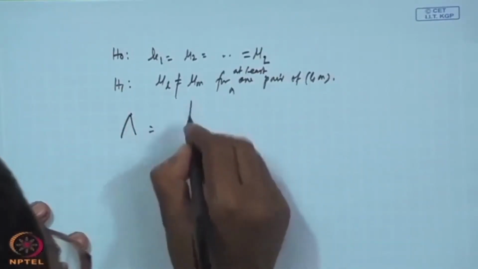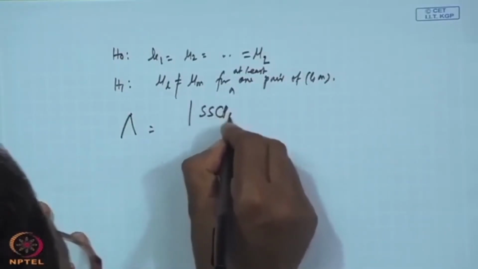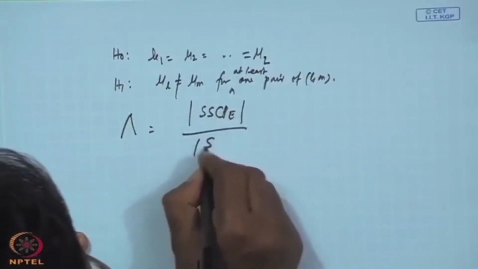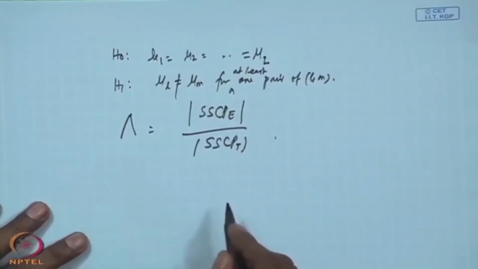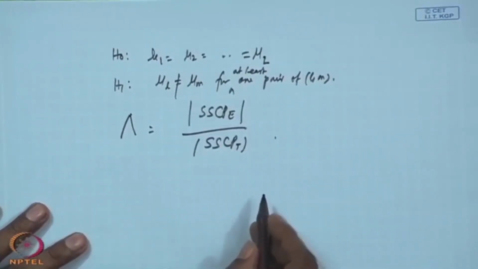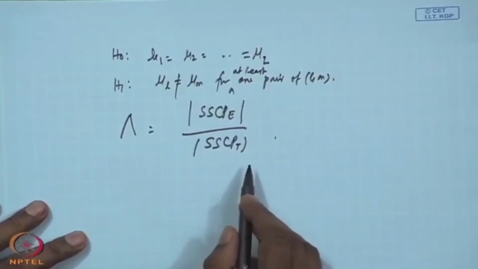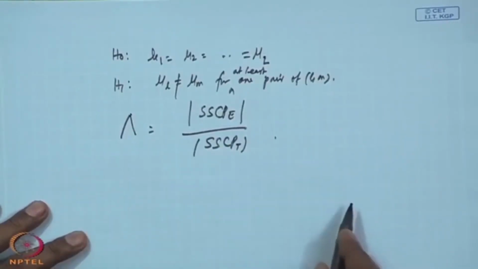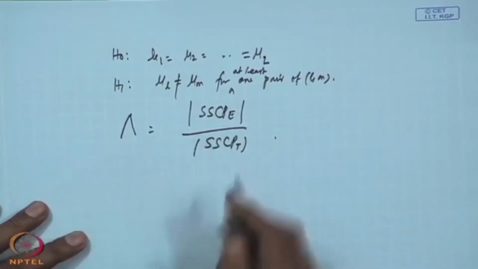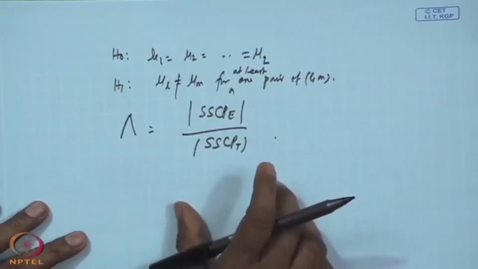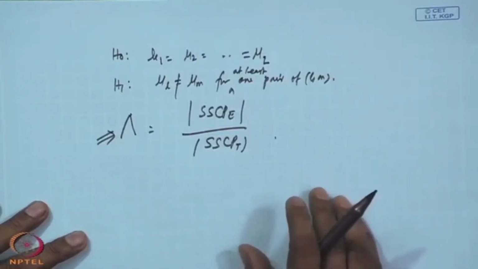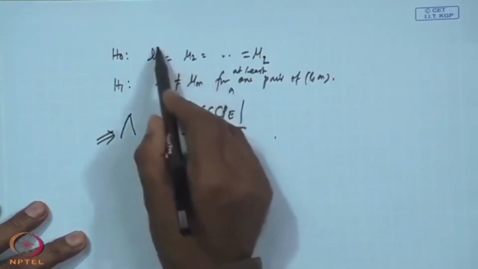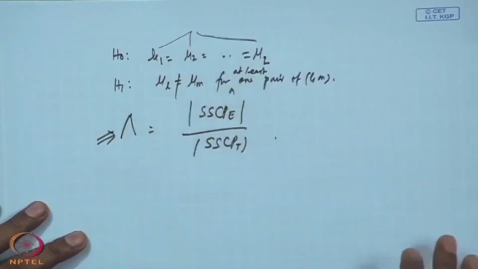Wilks lambda is the determinant of SSCP E divided by the determinant of SSCP total, and we created another statistic that follows a chi-square distribution. Based on this we see whether there is a significant difference across the mean values of the different levels of the population.